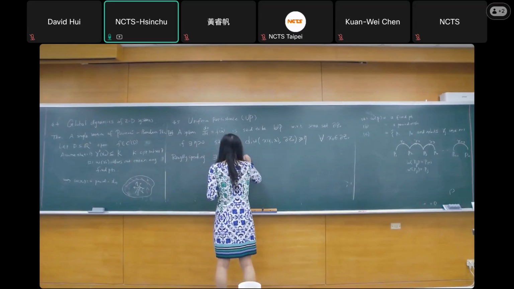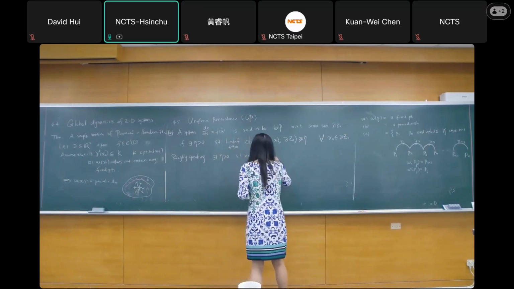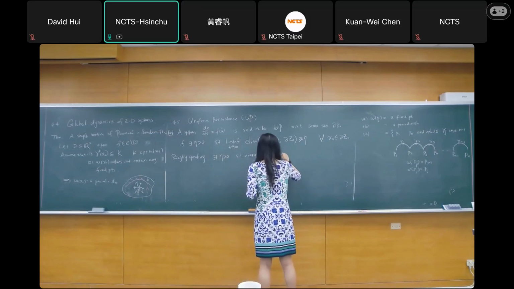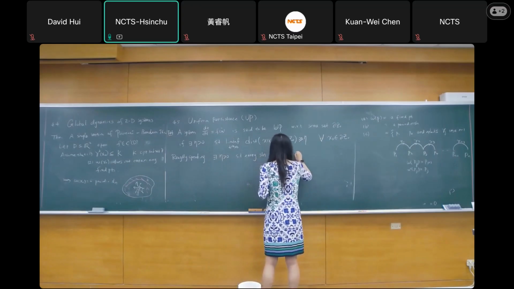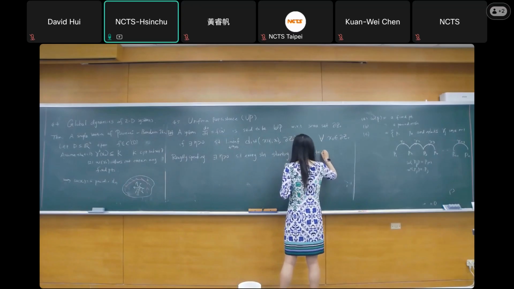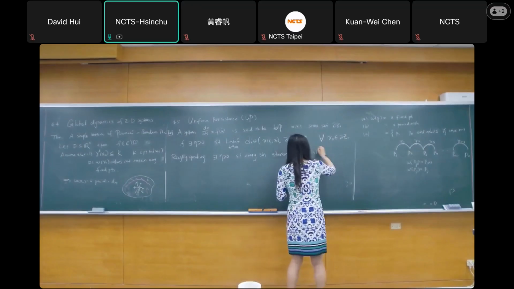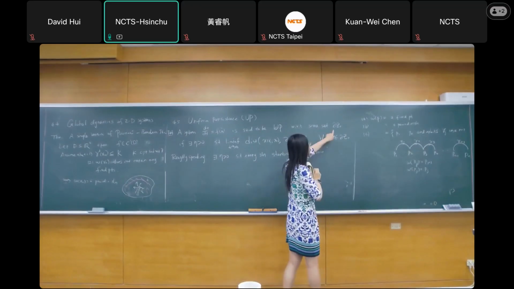So every solution starting in what I call the interior, because I want to give you some intuition. It doesn't have to be. This interior is basically the complement of this.